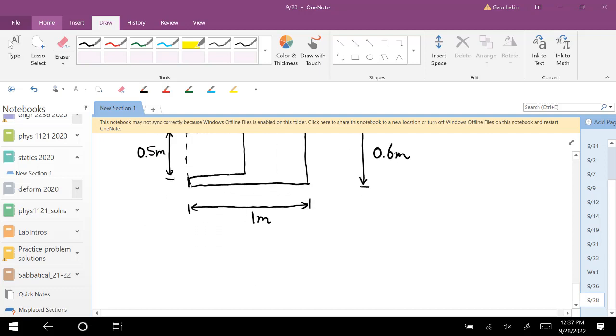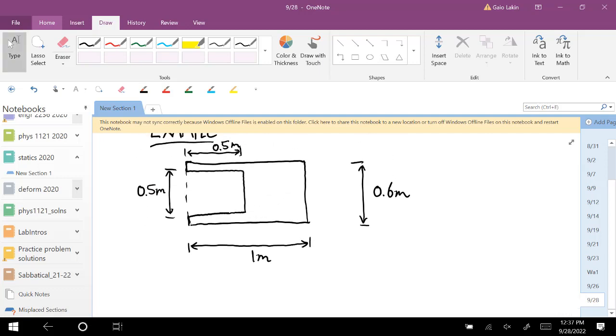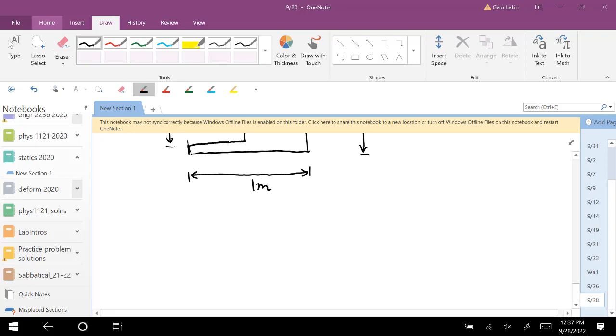So that's a top view. And now the structure is set up like this. Let me move this down a little.